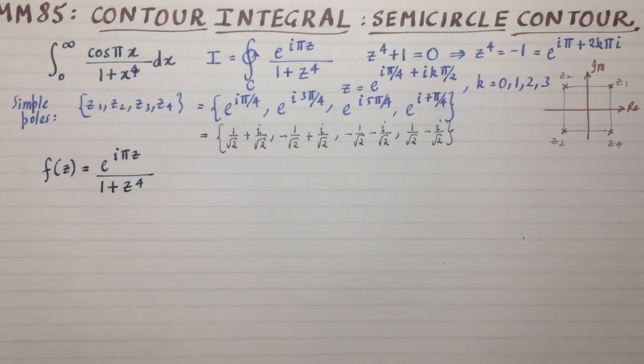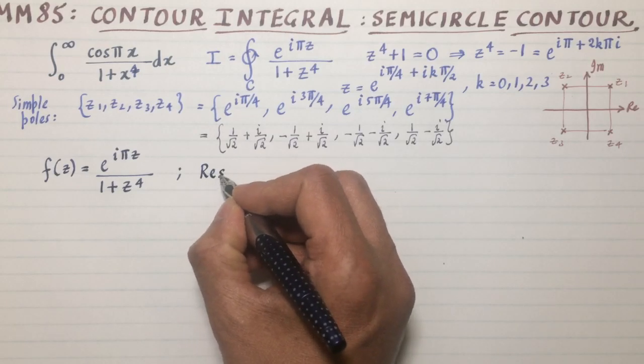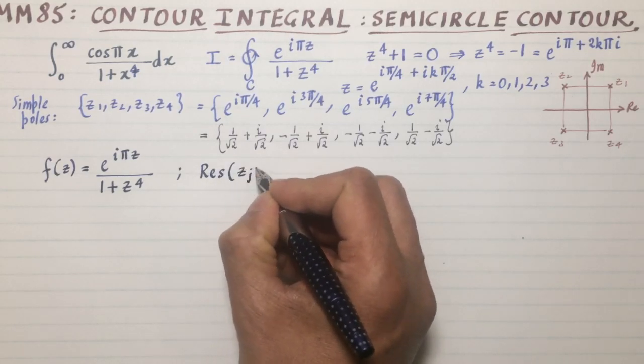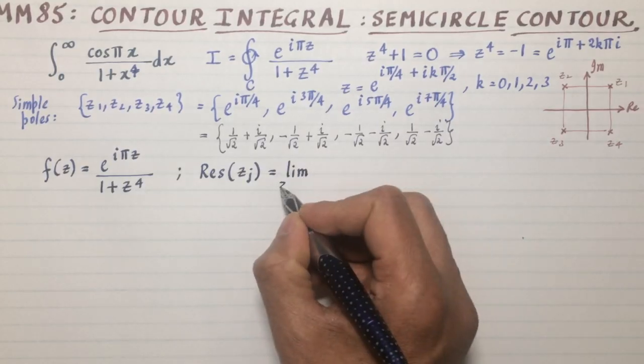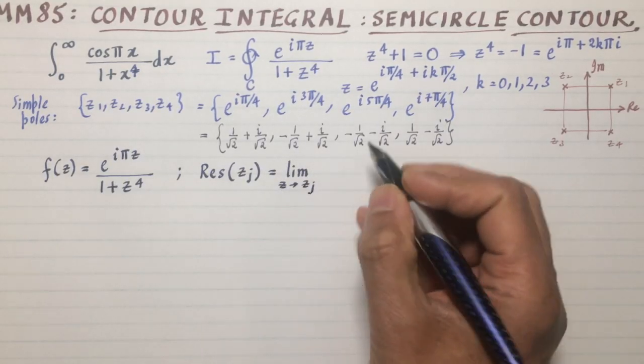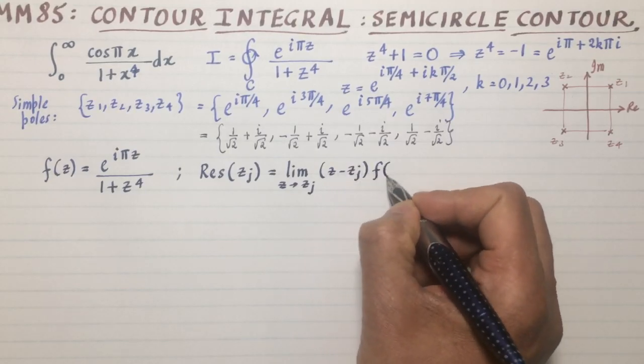So the residues can be computed by the simple method of all residue computations if there are simple poles. So the residue at the zjth pole is just going to be the limit as z goes to zj of z minus zj times f of z.